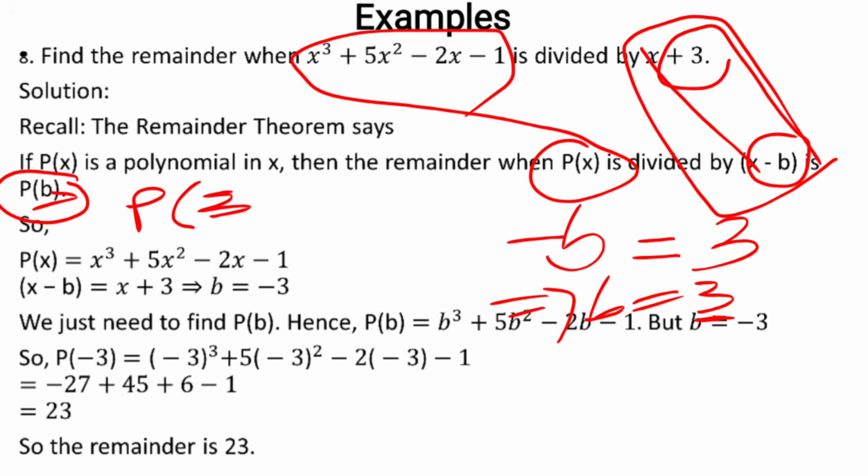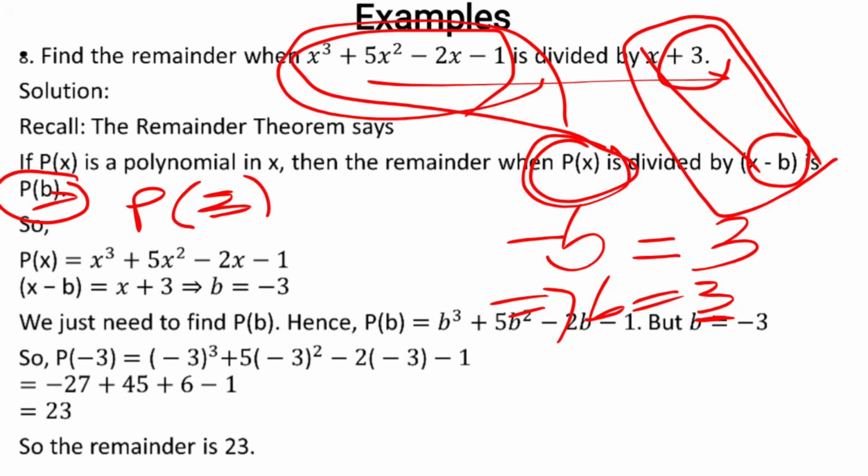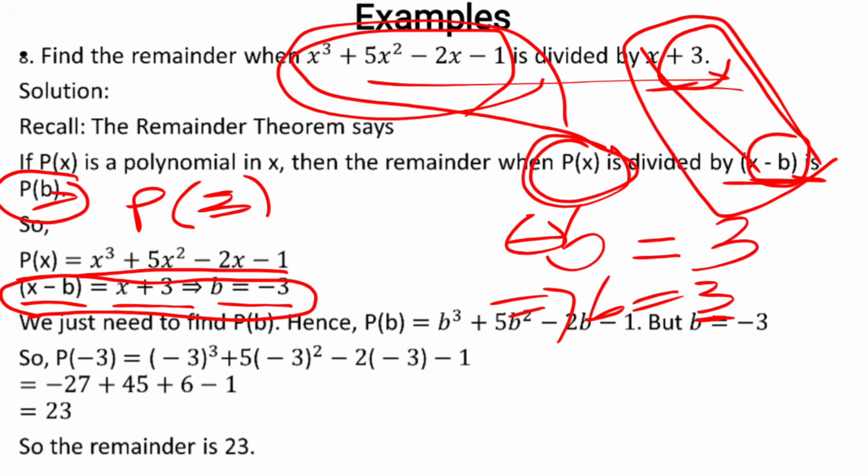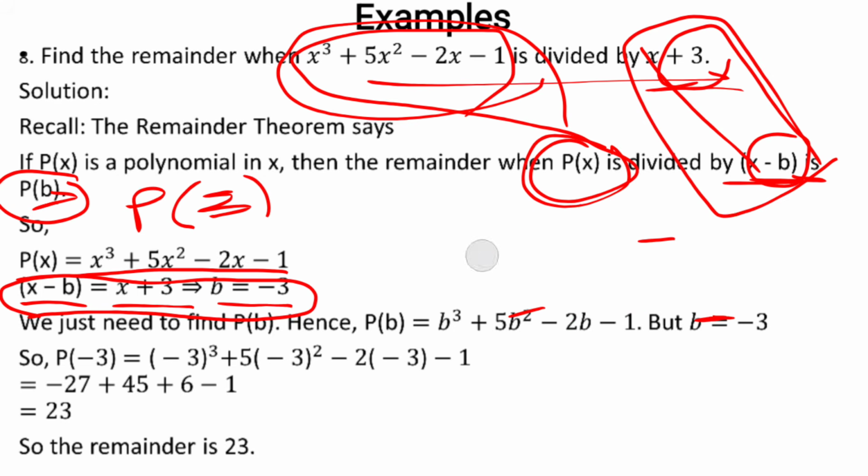But we know what p(x) is. p(x) is this polynomial here. Oh sorry, I forgot, b can't be 3, it's minus 3 because there's a minus here, right? So that's true, it's minus 3. So the b is minus 3. So we found the b.